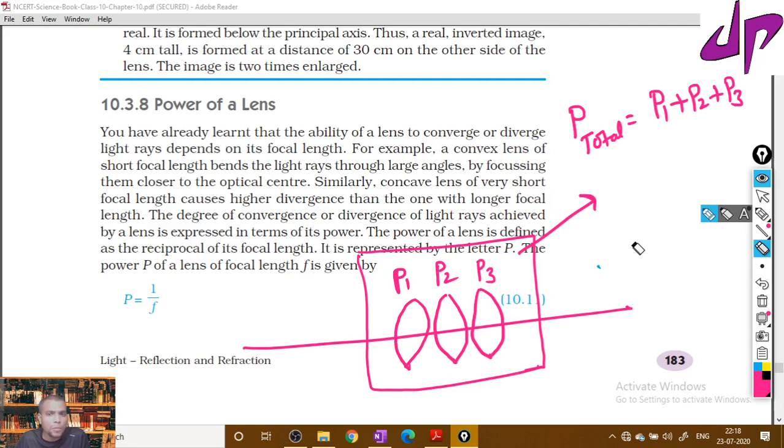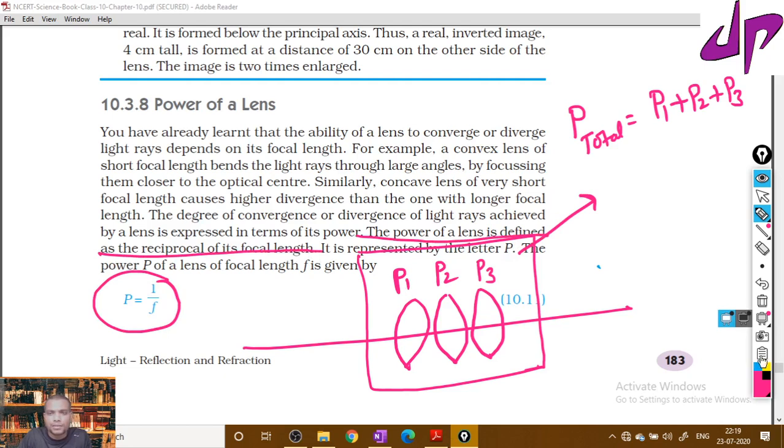The total power we calculate by combining the individual powers of the lenses. So as a simple definition, remember the power of a lens is the reciprocal of focal length, P equals 1 over F. The focal length is in meters, so the unit is meters inverse, also known as diopters.